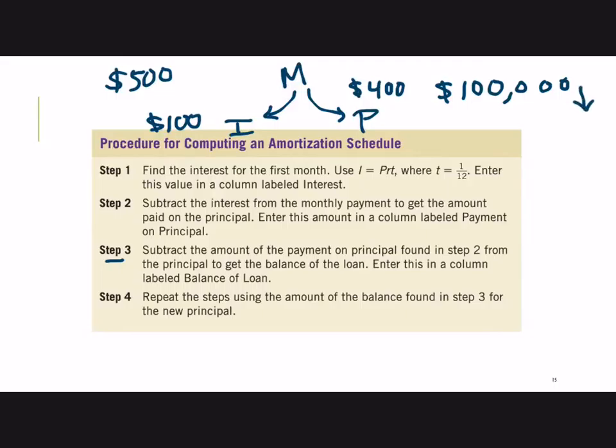So after the first month, the balance of the mortgage would be down to, oops, sorry, $99,600. It only drops by $400 because $100 of that went towards interest, not towards paying off the principal. Then we just keep repeating these same steps, but using this new balance instead of the original principal for the mortgage.